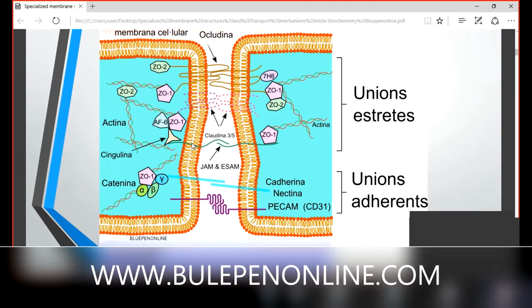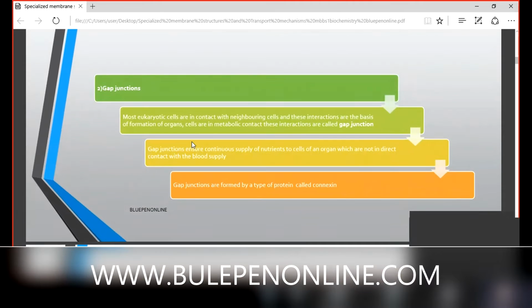Next, the second one is known as gap junction. Gap junction and tight junction are different. Most eukaryotic cells are in contact with neighboring cells, and these interactions are the basis of formation of organs.